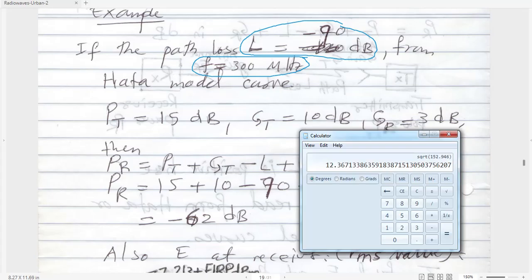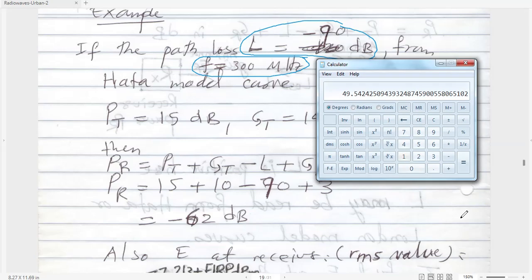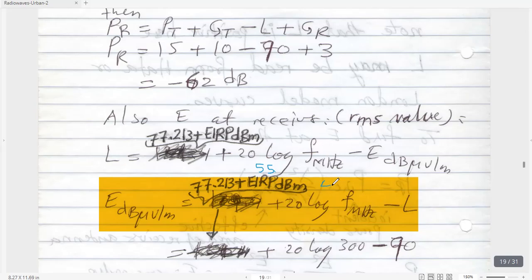So 20 times log 300 megahertz, the answer is 49.5.